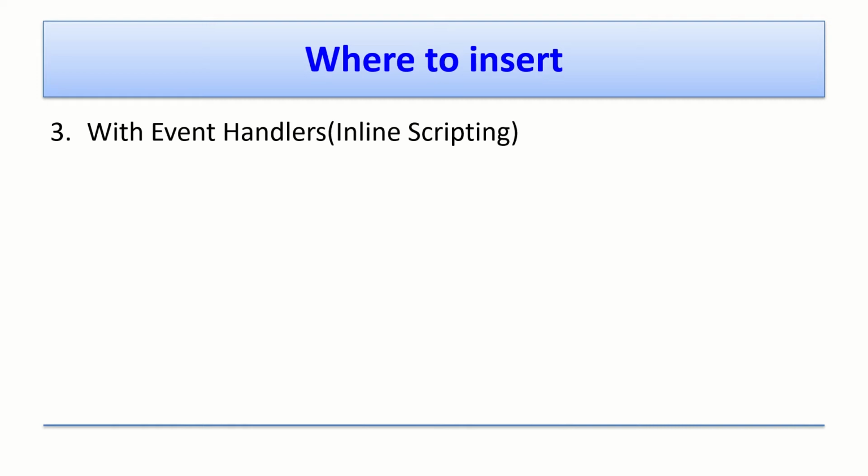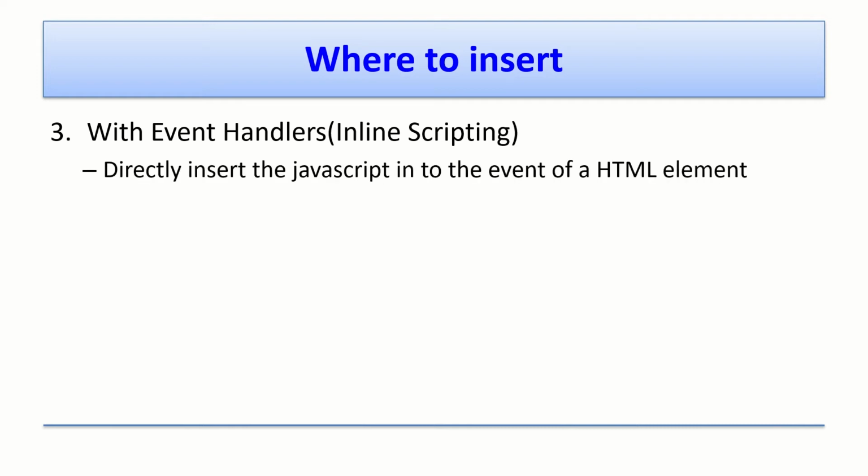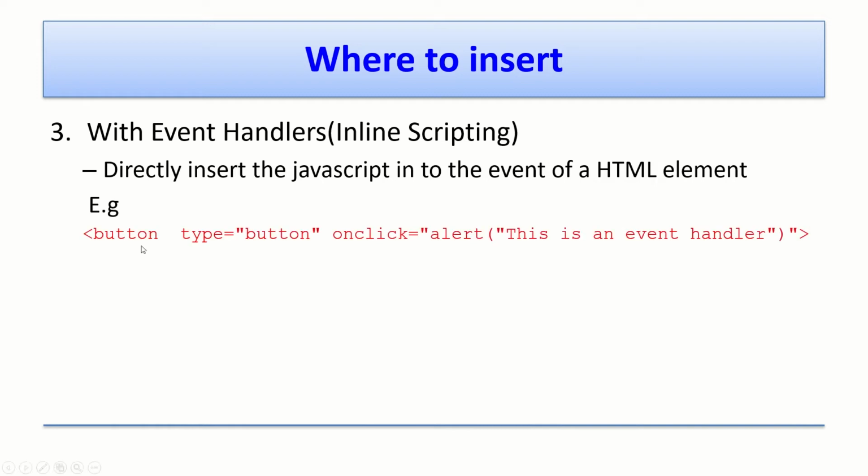The third method is we can use JavaScript as an event handler. Again, we call this inline script, like inline CSS. That is, we can use JavaScript inside the HTML element. For example, assume we have a button. The button has a type, and the type is button, and then there's an attribute called onclick.